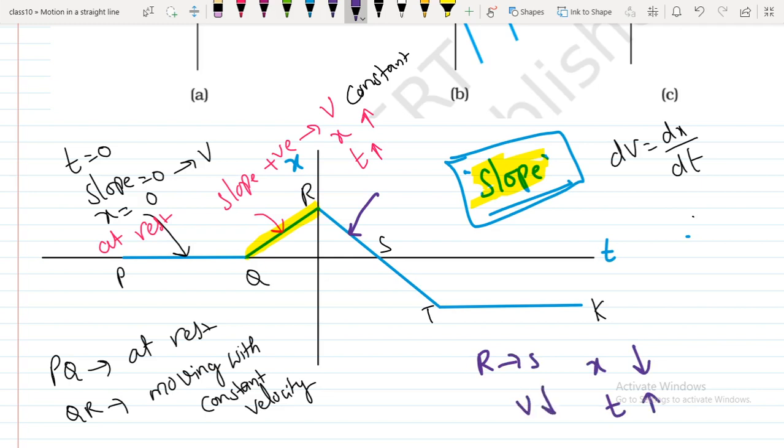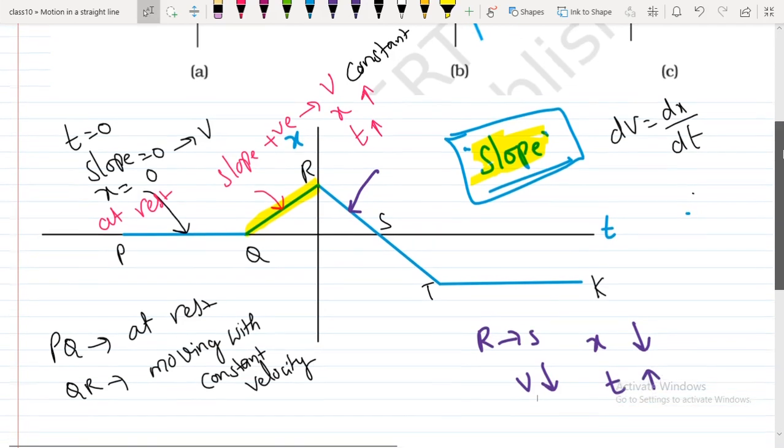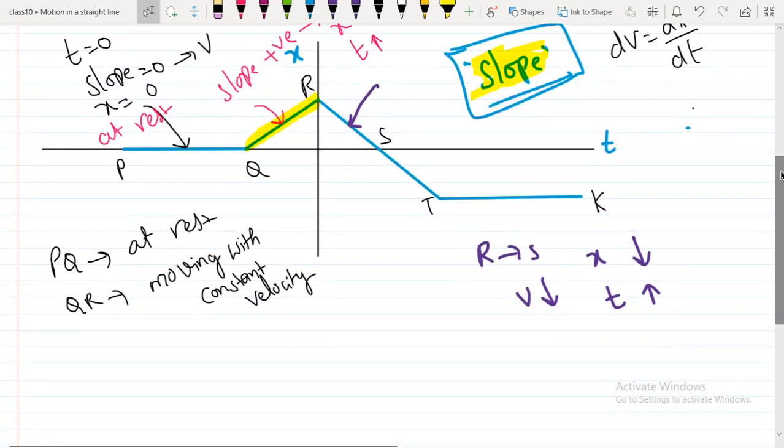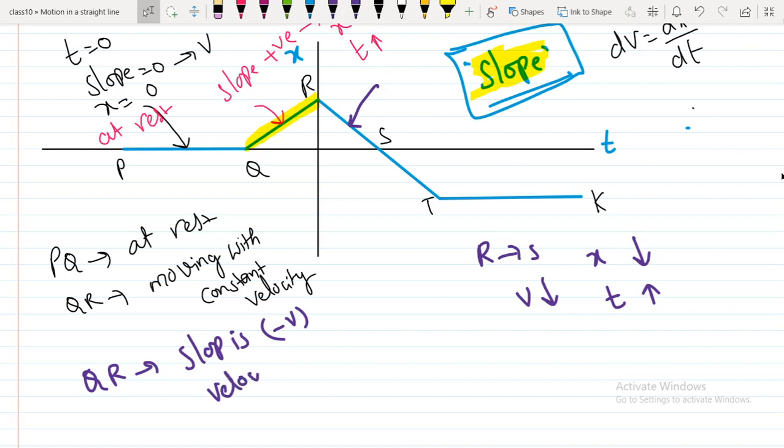Velocity is negative. So in this portion the object is still moving, but the slope is negative, which means the object's velocity is decreasing constantly.